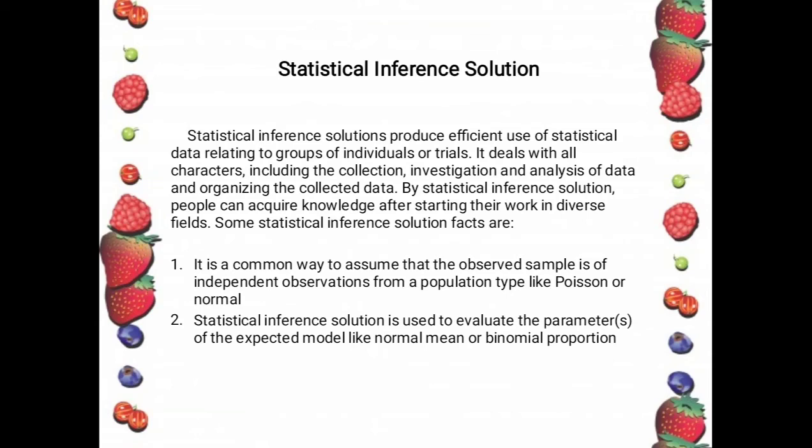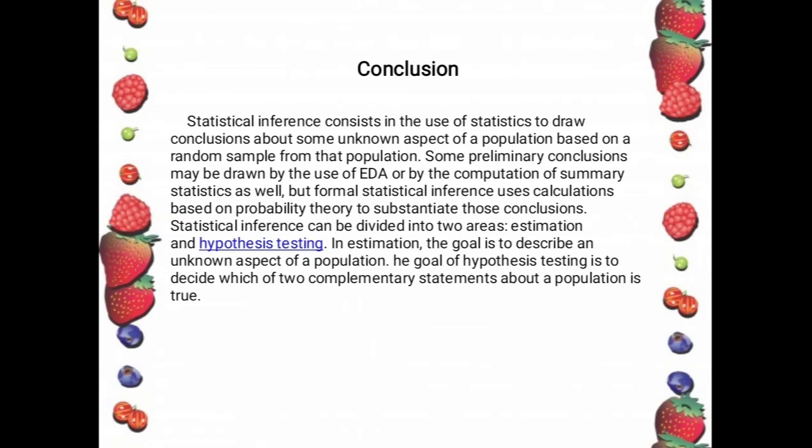Based on the explanation above, I can conclude that statistical inference consists in the use of statistics to draw conclusions about some unknown aspect of a population based on a random sample from the population. Some preliminary conclusions might be drawn by the use of EDA or by computation of summary statistics as well. But for most, statistical inference uses calculations based on probability theory.